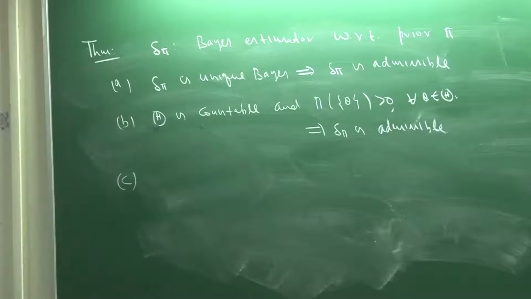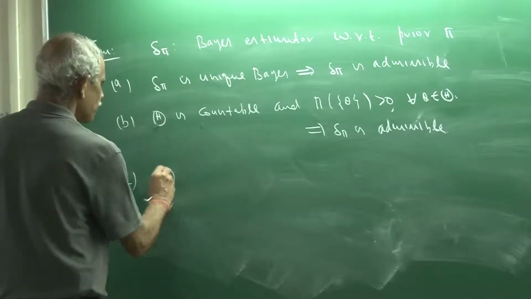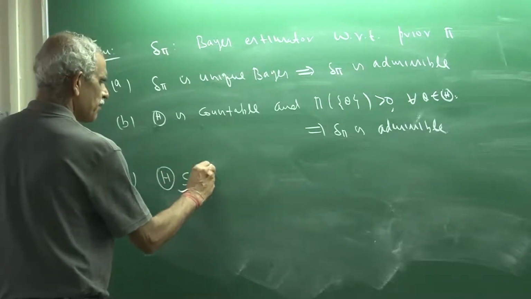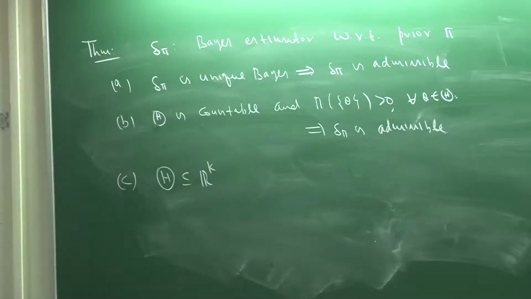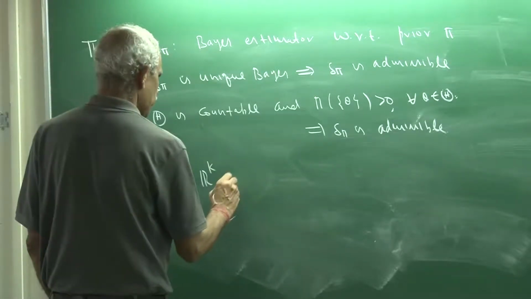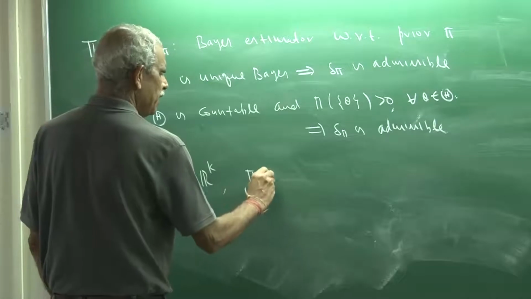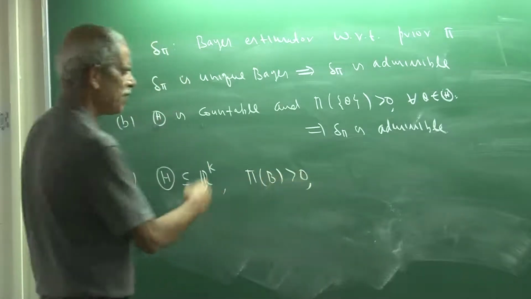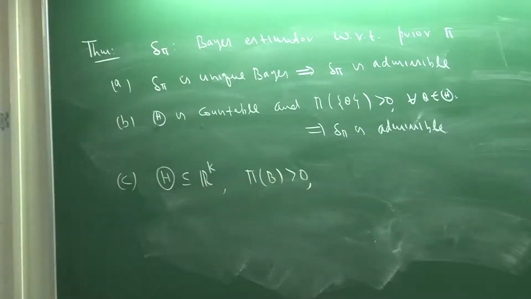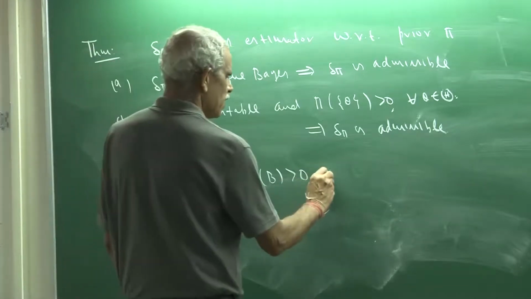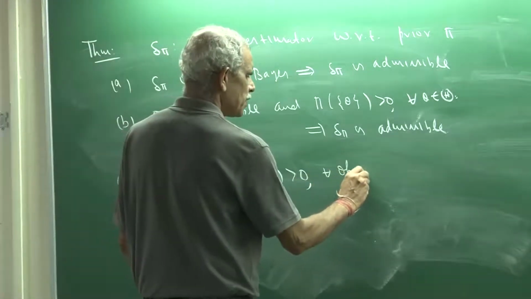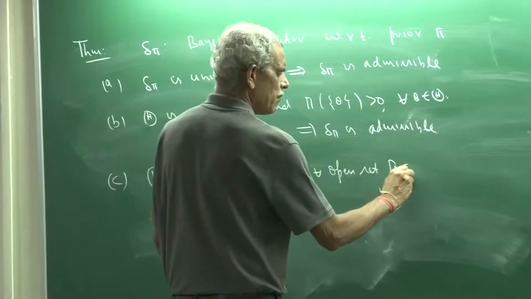So I say that if my theta is a subset of R^k, and pi of B is always positive, that means my prior pi always gives positive weight to every open set B in R^k.